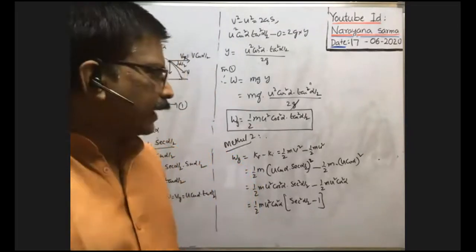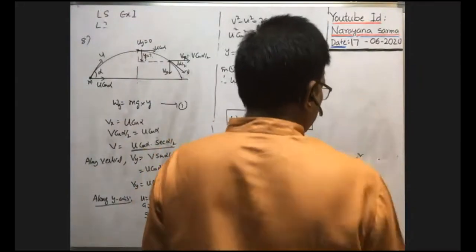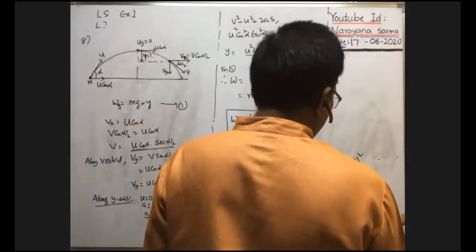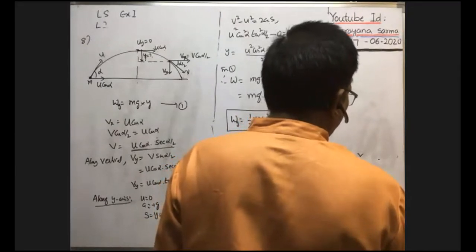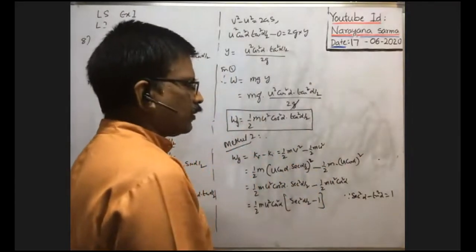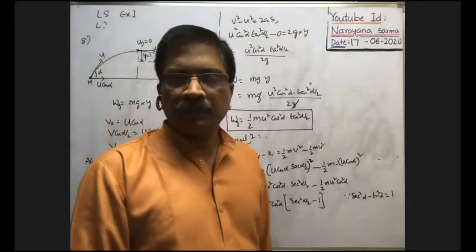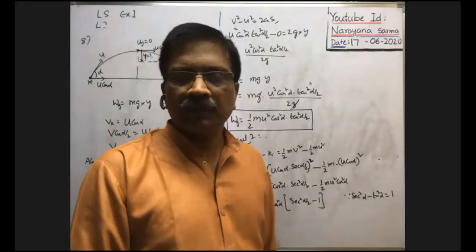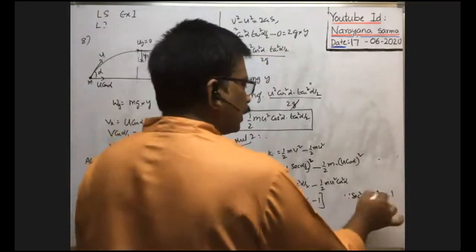Since secant square alpha minus tan square alpha is equal to 1, no? Is it correct or not? Okay, so from this, secant square alpha minus 1 is equal to tan square alpha, no?